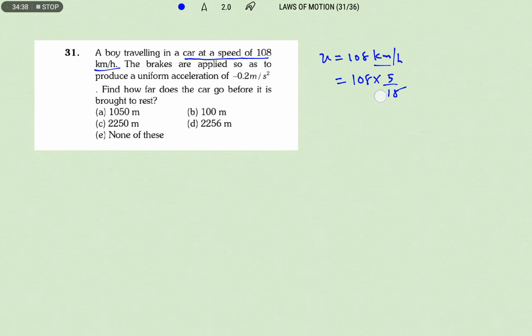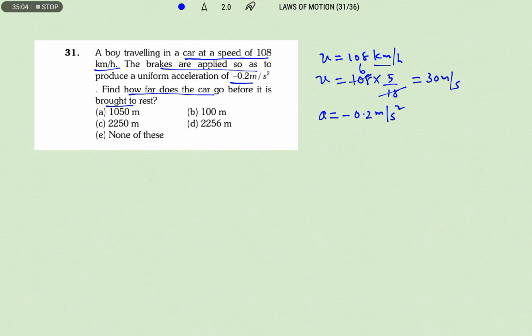We should multiply with 5 by 18. So the initial velocity we are going to get is 30 meter per second. The brakes are applied so as to produce an acceleration a equals to minus 0.2 meter per second square. How far does the car go before it is brought to rest?